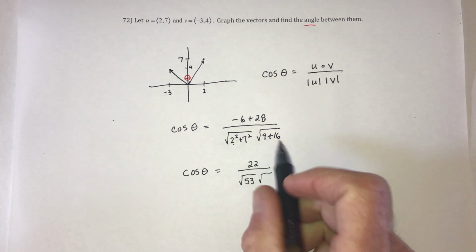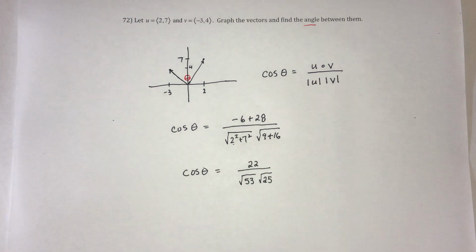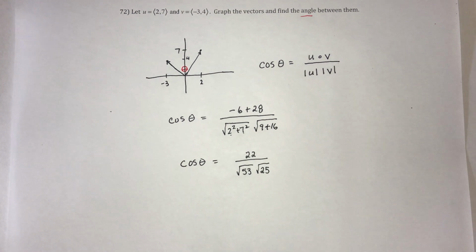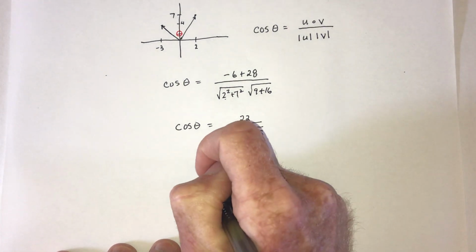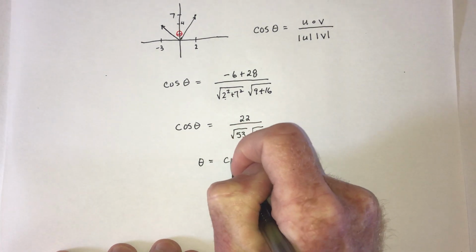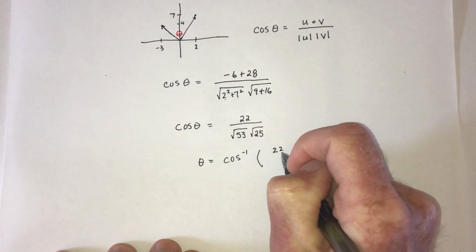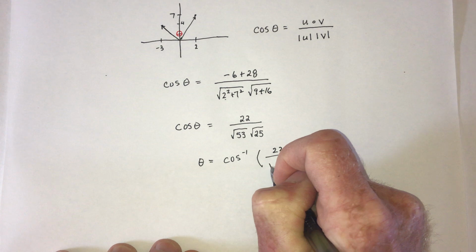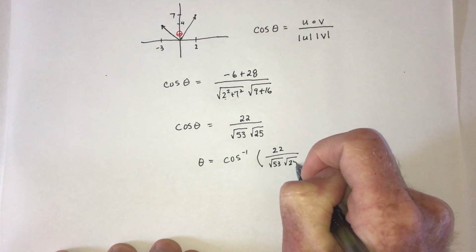And then this would be the square root of 25. And usually I would say simplify the radicals, etc. But we're going to use cosine inverse, so we might as well just go ahead and do that now. So cosine inverse of this fraction, 22 over square root of 53, square root of 25.